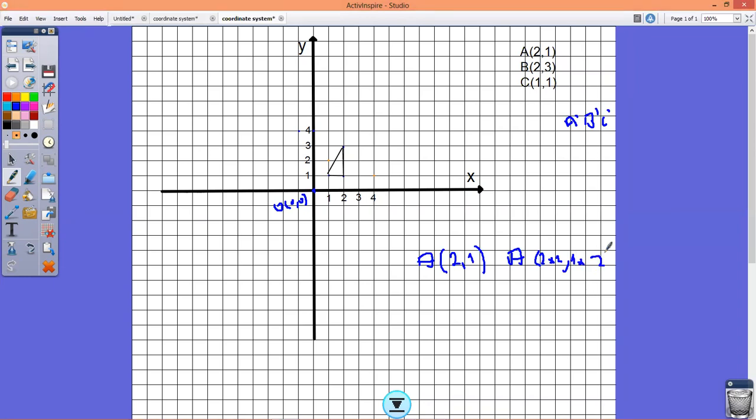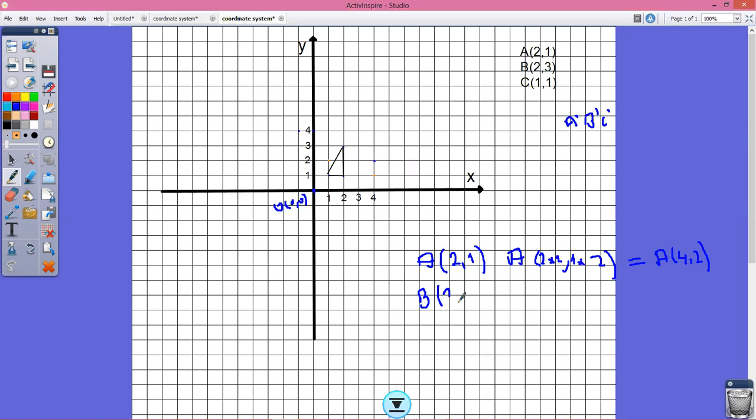Our new point will be what? Our new point will be 4 and 2. Now x is 4, y is 2, it will be this point. I place it here.